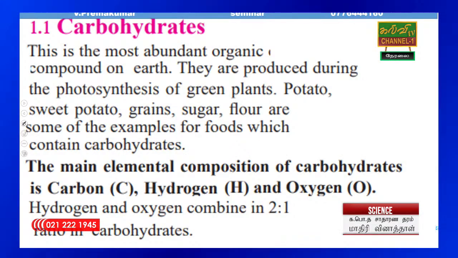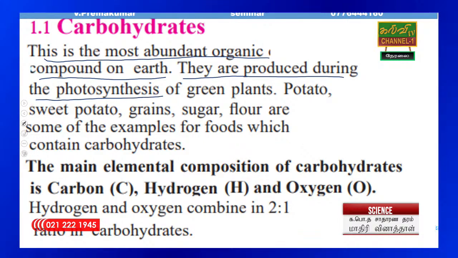This is the most abundant organic compound on earth. Yes, this is the most abundant. Why? The plants produce glucose, which is converted into so much starch, right? They are produced during the photosynthesis of green plants.